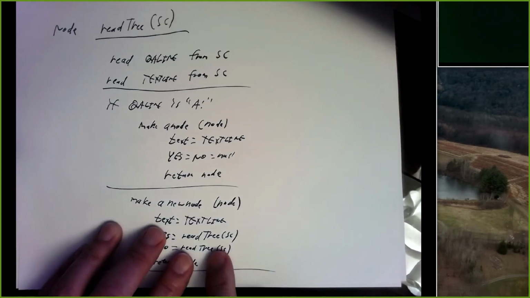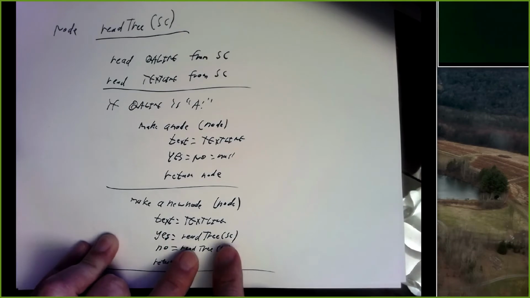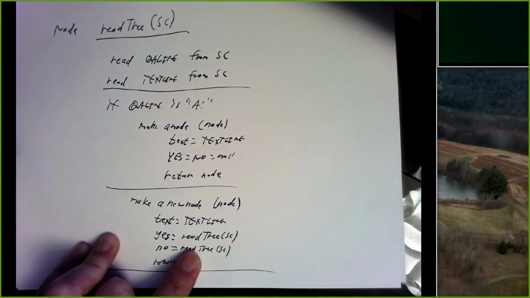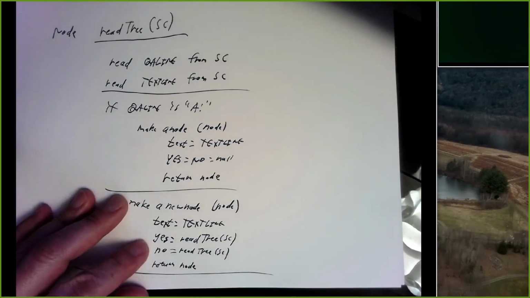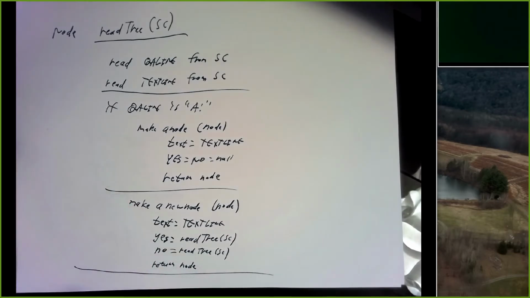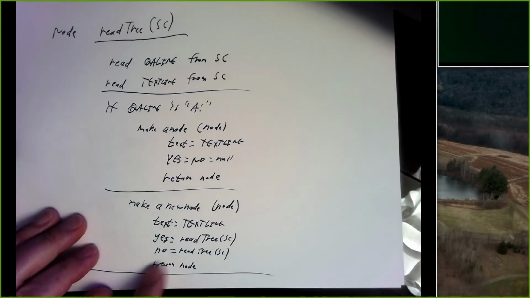Read tree will start at the current point in the input file because you're passing the same scanner, and it will read until it's gotten to the end of a tree, and all of that gets returned. That's what yes is set equal to. Then when you call read tree again, it will start where it left off in the input file and read down until it's read another tree, and all of that will get returned, and that's what no will point to.